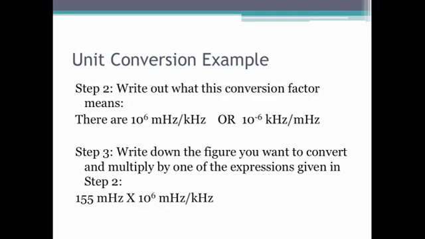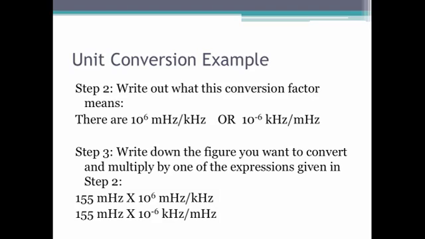There are two ways we can do this. We could either take our original 155 millihertz and multiply it by 10 to the 6 millihertz per kilohertz, or it's 155 millihertz multiplied by 10 to the minus 6 kilohertz per millihertz. Now one of these is correct and the other one's incorrect.